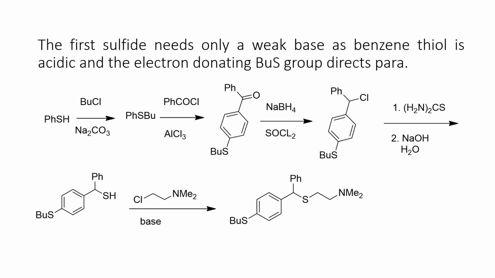तो बेटा, this SH group will further react with the chloro dimethylamine propane actually, and we will get the target molecule. Through this whole scheme, it shows the application of the guideline when one functional group can react twice.